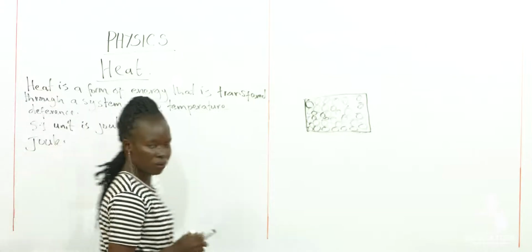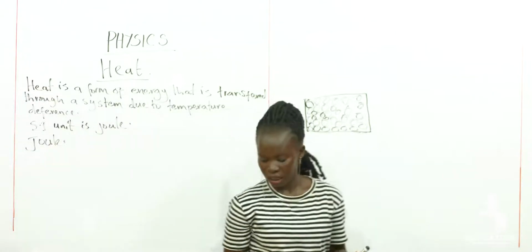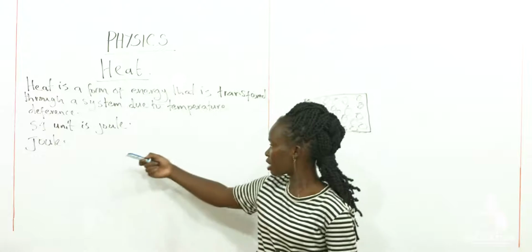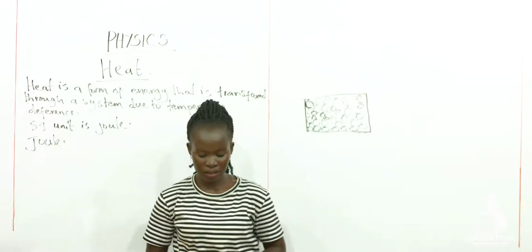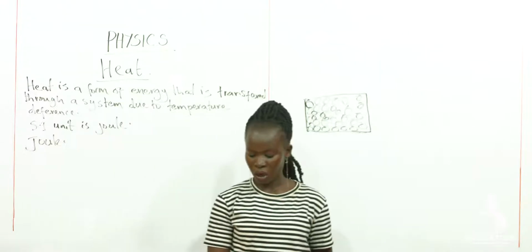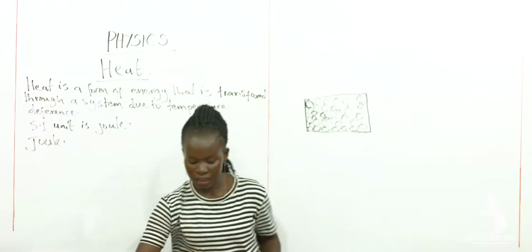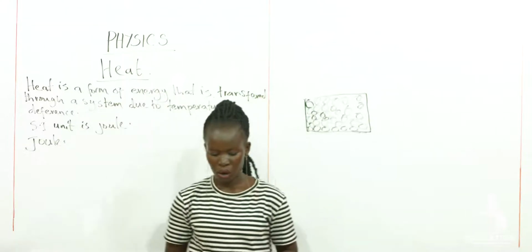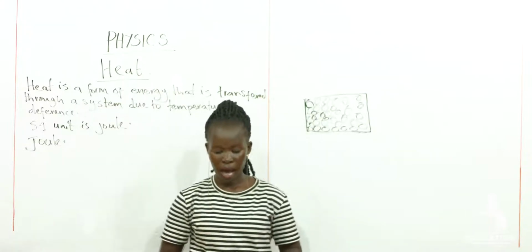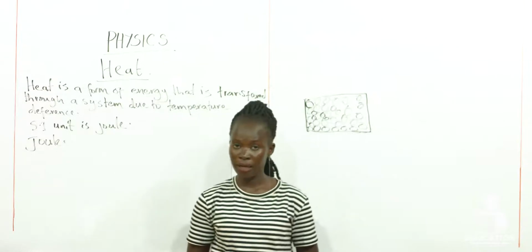So now what is a joule? Because you cannot give the SI unit just like that if you do not know what it actually stands for. So if we are talking of a joule, we are saying that it is a work done by a force of 1 Newton acting through a distance of 1 meter.